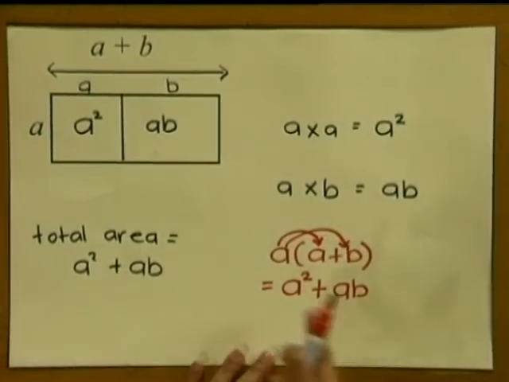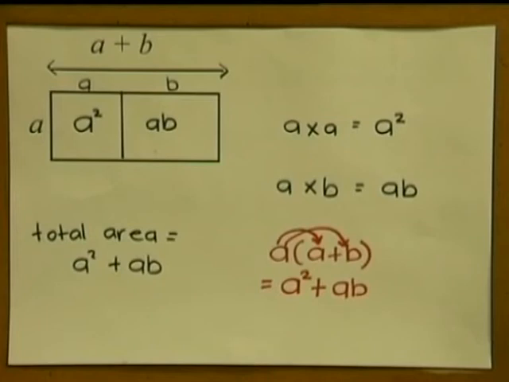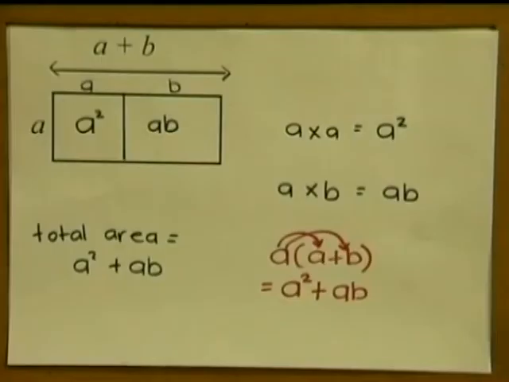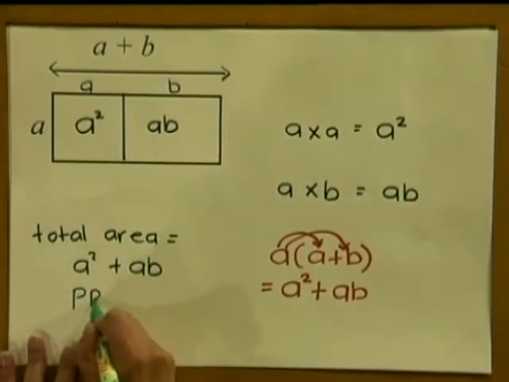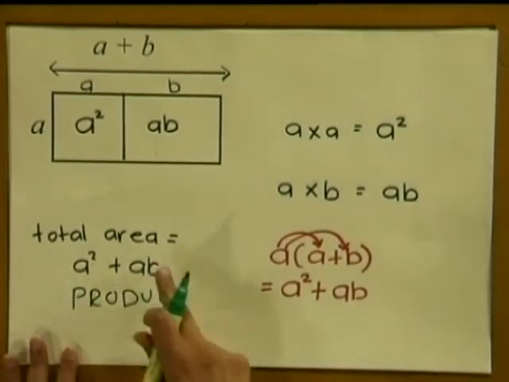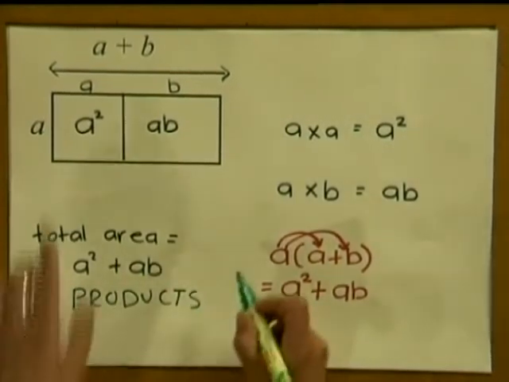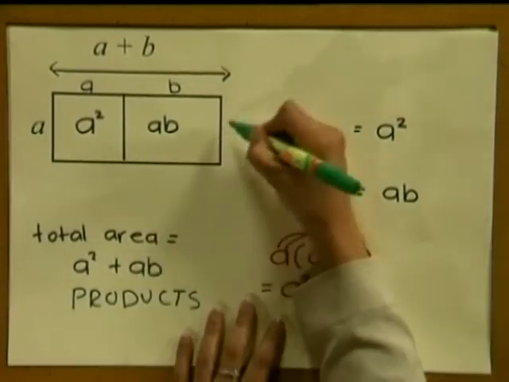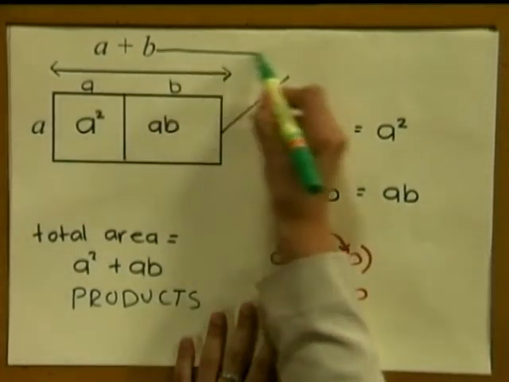And we should see we get the same answer. Obviously, we must get the same answer no matter what method we use. So let's summarize what we have found. The area represents the sum of the products A squared plus AB, and the sides represent the factors.